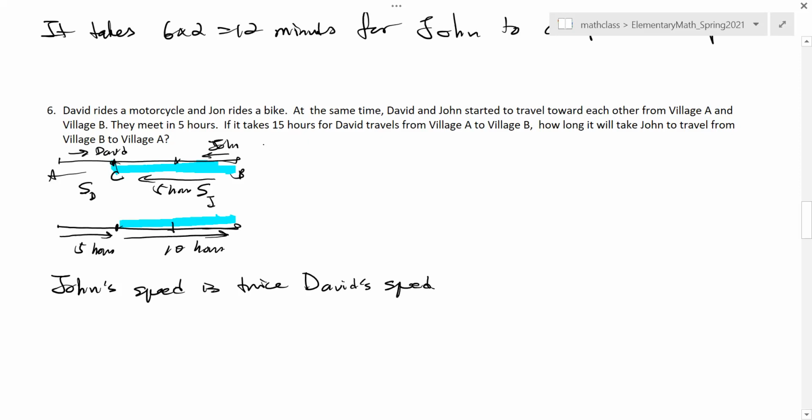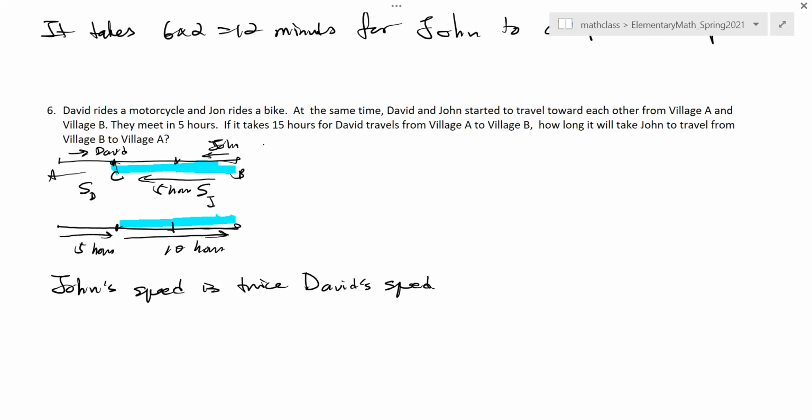Then you can figure out how much time it takes for John to complete the trip from B to A, because John's speed is fast, twice David's speed.